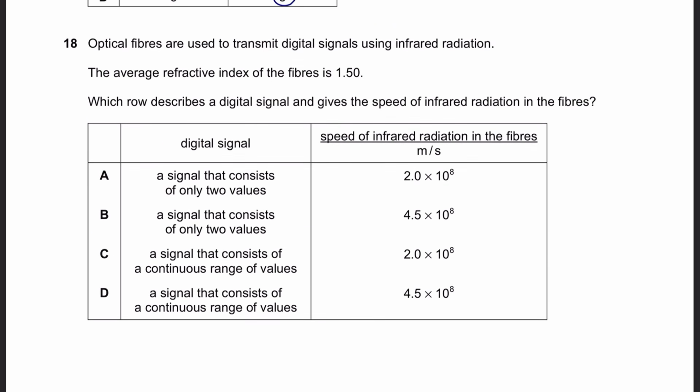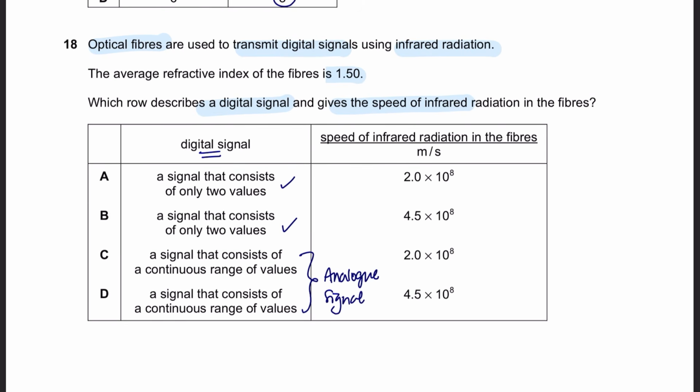Question 18. Optical fibers are used to transmit digital signals using infrared radiation. The average refractive index of the fiber is 1.5. Which row describes a digital signal and gives the speed of infrared radiation in the fibers? Okay, a digital signal consists of only 2 values, and a signal that consists of a continuous range is an analog signal.